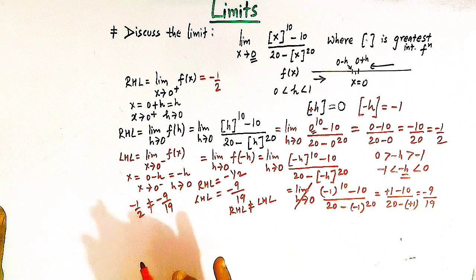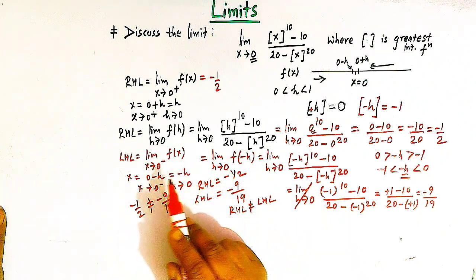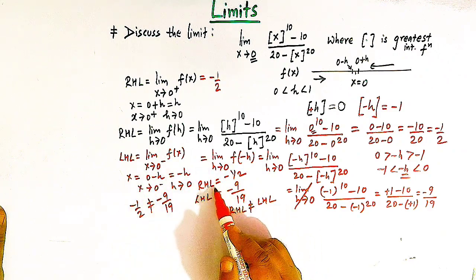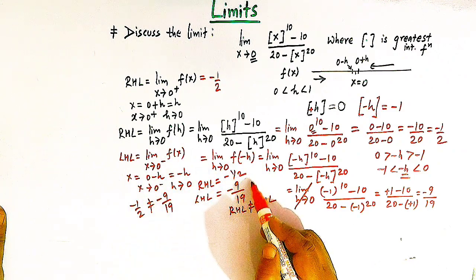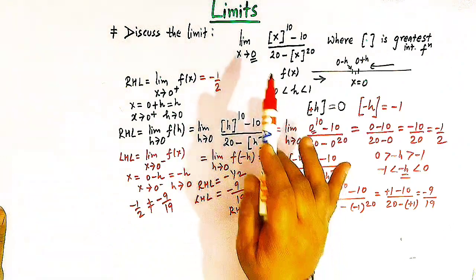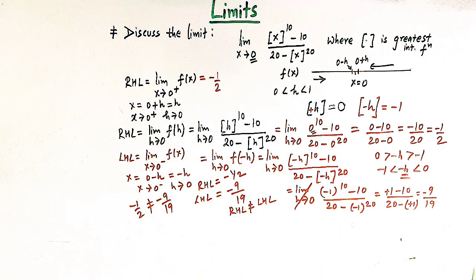And for the existence of the limit of a function at a given point, the right hand limit and the left hand limit should be finite, and they should be equal to each other. So in this case, although the right hand limit and left hand limit are finite and they exist, they are not equal to each other. So we can safely claim that the limit of this function when x approaches to 0 does not exist.